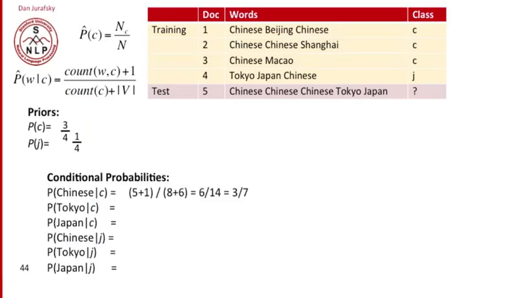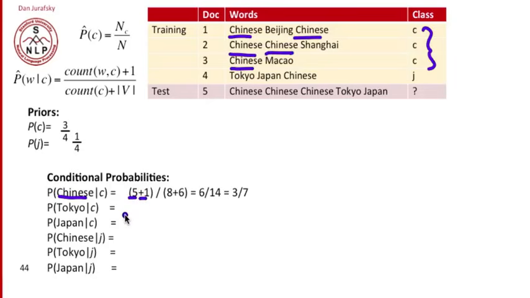All right, so the probability of Chinese: how many times does the word Chinese occur in our training set of documents that are in the class China? So this word Chinese, how many times does it occur in these 3 documents? 1, 2, 3, 4, 5. So we have 5. We have add one smoothing, so we're adding 1.